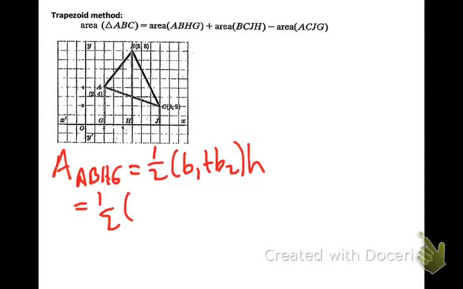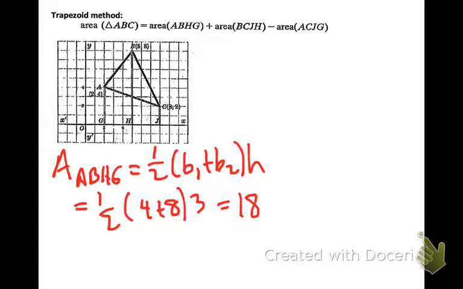Nina? 4. What's base 2 going to be? Alyssa? 8. 4 plus 8. What's the height going to be, Chris? 3. Right? So that's going to equal 18.